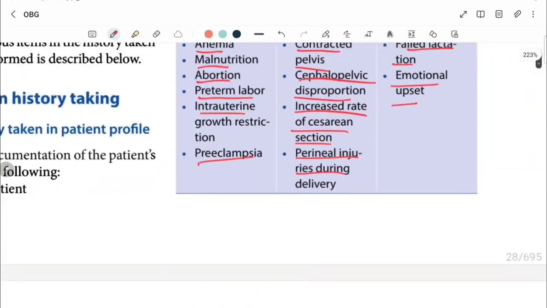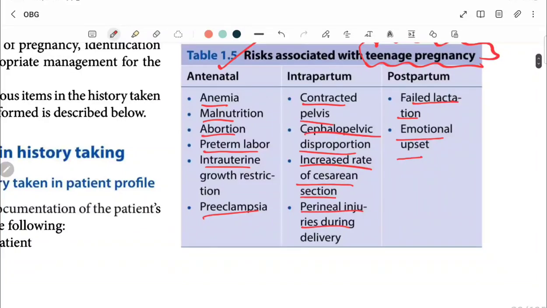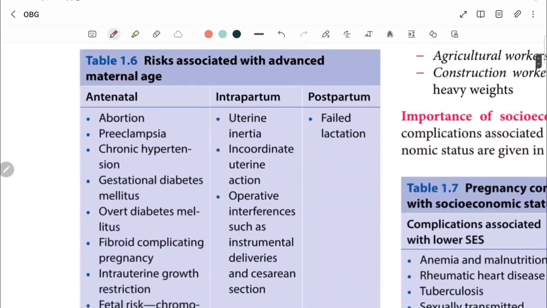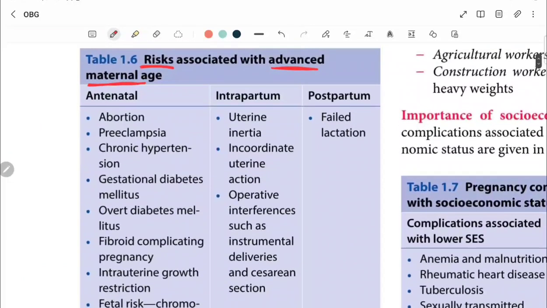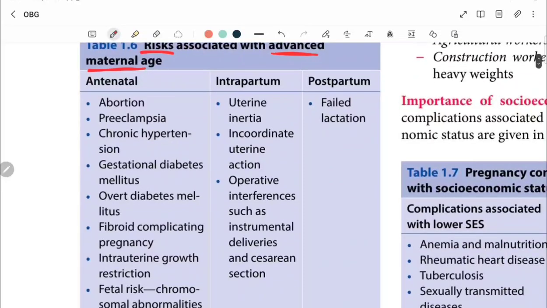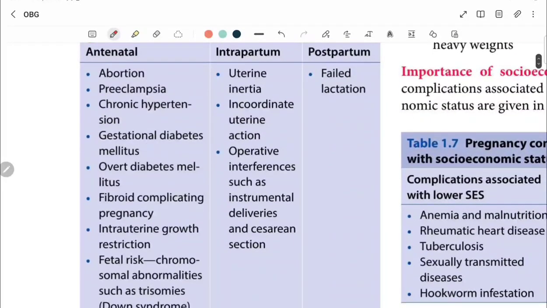We saw the risks associated with teenage pregnancies. Now let's look at the risks associated with advanced maternal age. In advanced maternal age, the antenatal issues will be abortion, preeclampsia, chronic hypertension, GDM, overt diabetes mellitus, fibroid complicating pregnancy, IUGR, and fetal risk of chromosomal abnormalities such as trisomies and Down syndrome.